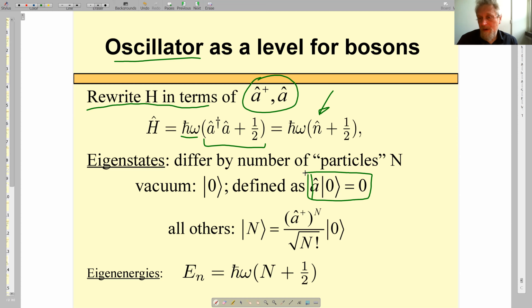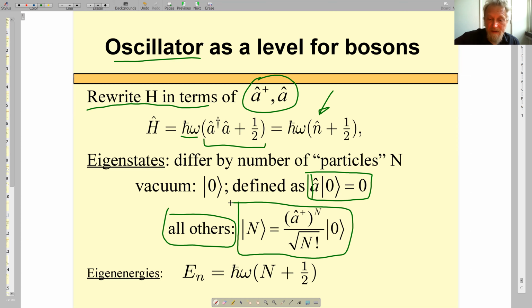And as we know from our exercises with bosons, with second quantization of bosons, all other eigenstates of the system can be constructed by applying a certain number of creation operators.